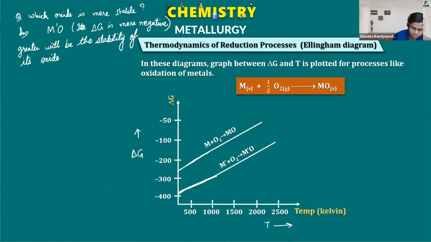Next, there are two things possible. I'm talking about displacement reactions. Equation 1: M plus M dash O giving MO and M dash.